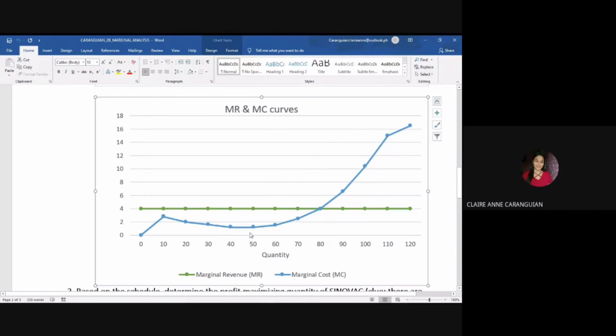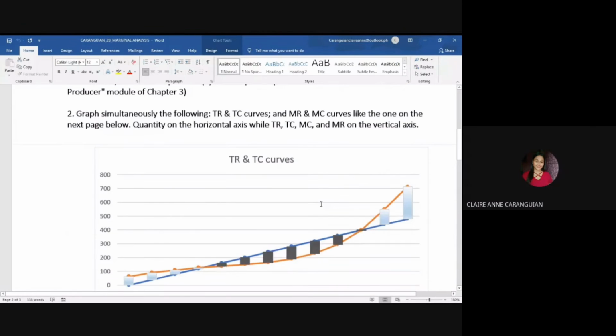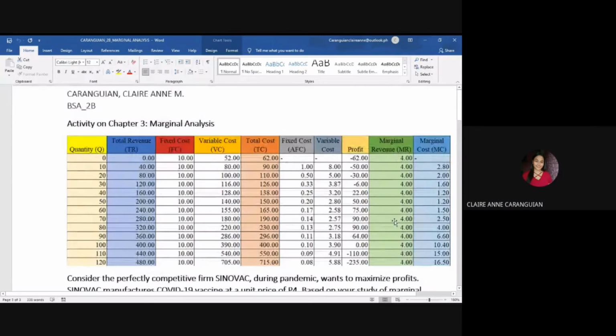So, dito natin nakita sa MR marginal revenue and marginal cost curves. So, 'di ba nakita natin sa table na meron tayong marginal revenue na, ang etong kulay blue is kita natin dito.